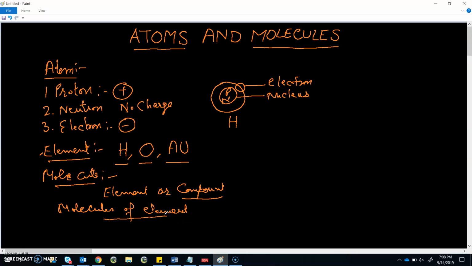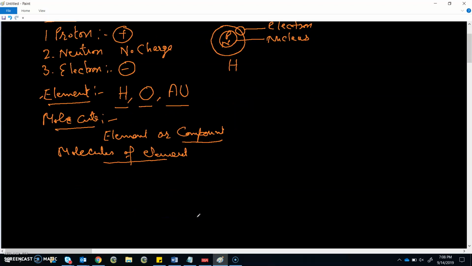If the same type of atoms combine, then it is an element. In the first case, if these are of the same kind, we can write here same kind of atoms. Same kind of atoms combine to form the molecule of element.